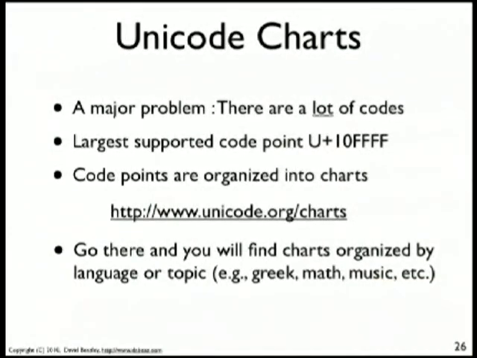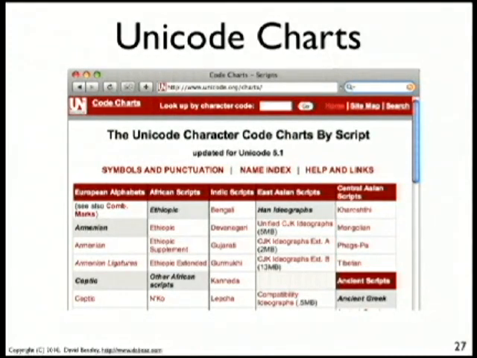If you want to know what these codes are, the place to go is the unicode.org charts. That will let you explore through the Unicode character set, so you can see what the different characters are if you're interested in that. So you'll get to a website that looks like that. If you want to browse around and see what's there, you can do that.